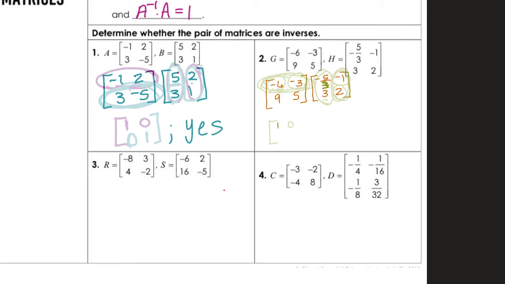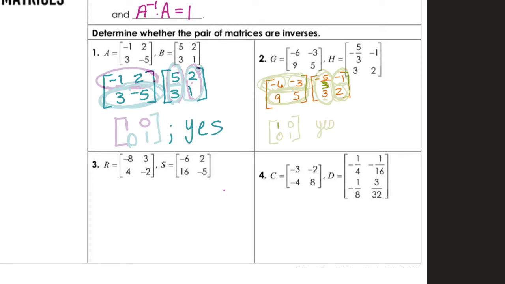Going to the next one, multiply those. That first element, you're going to get -15 plus 15, so that gives you 0. And then the last one, -9 plus 10, so that's going to give you a 1. So are these inverses of each other? Yes.